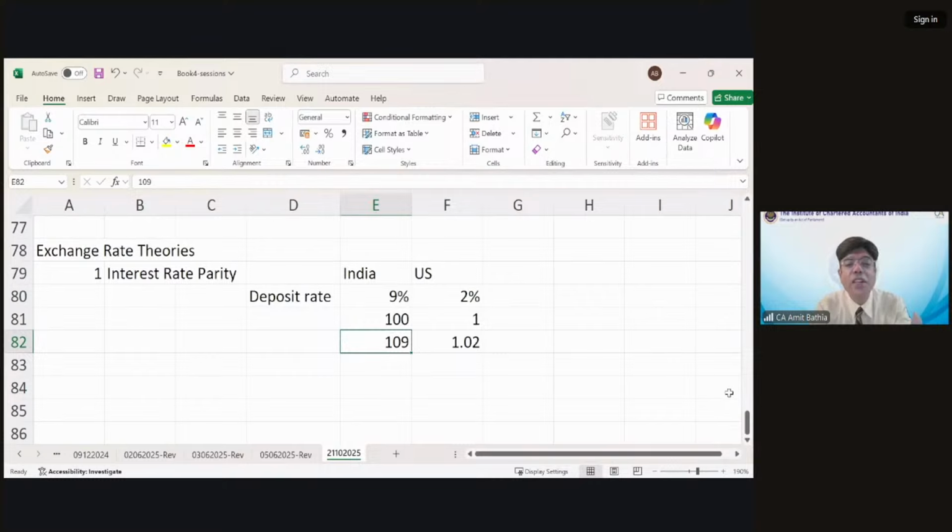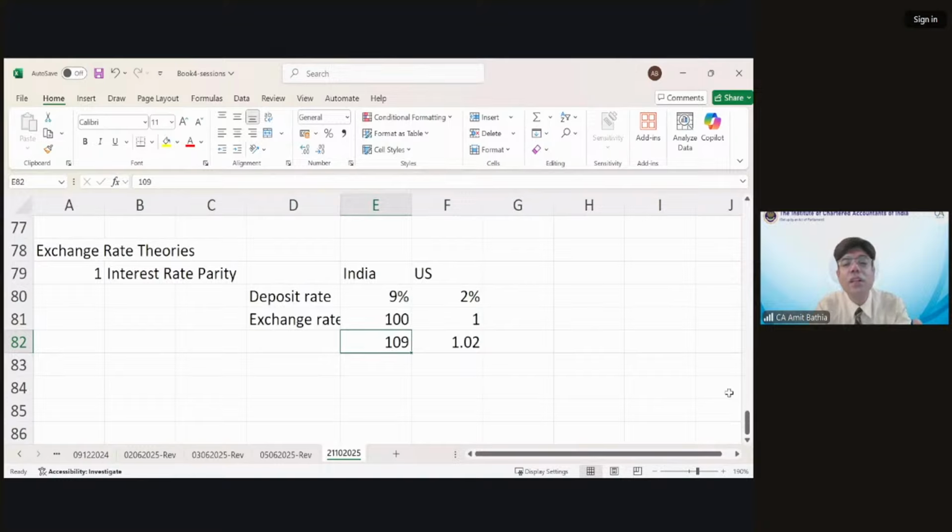Now, the interest rate parity says since these two values have to be at parity, right? Because today's exchange rate is, this is my current exchange rate. The exchange rate currently is 1 USD equal to 100 INR. So that same parity has to be maintained, which essentially means that which currency is going to depreciate over here?